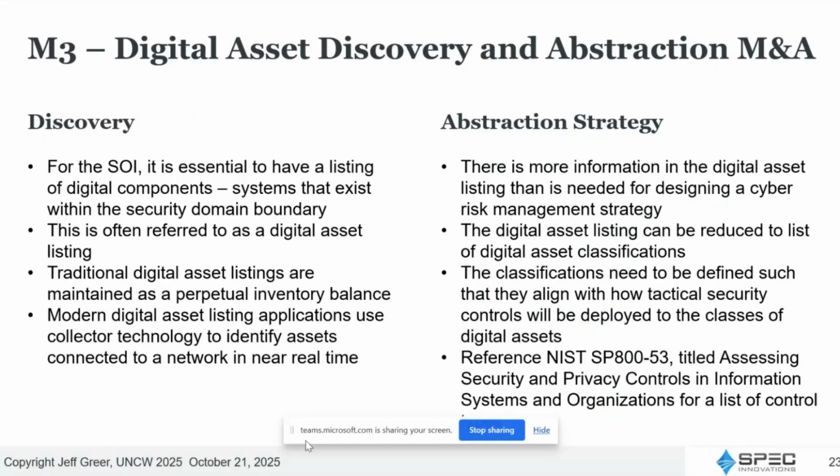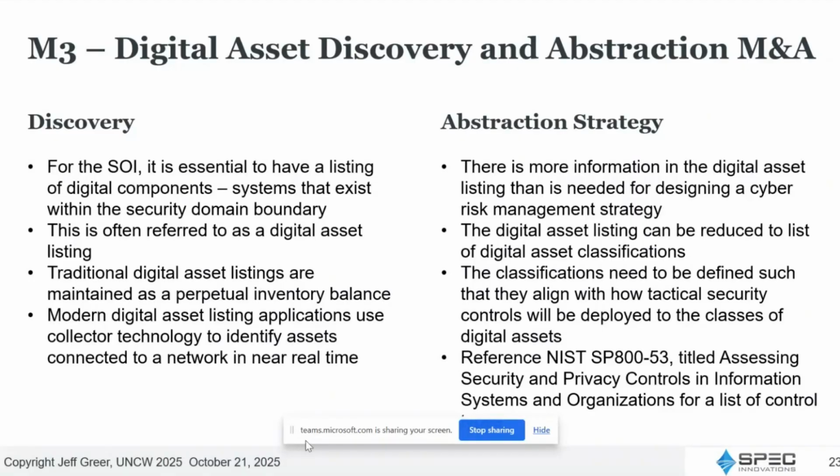So the next method that I want to talk about is digital asset discovery and abstraction, right? It's essential to have, for the system of interest, a listing of all digital components or systems that exist within the security domain boundary. So once you establish that security domain boundary, what digital assets exist within it?